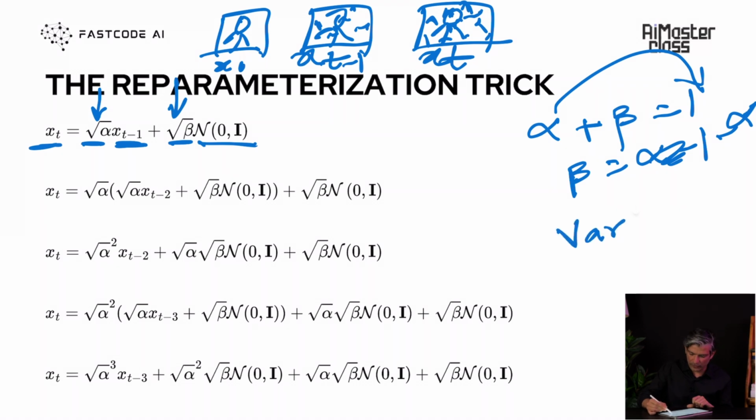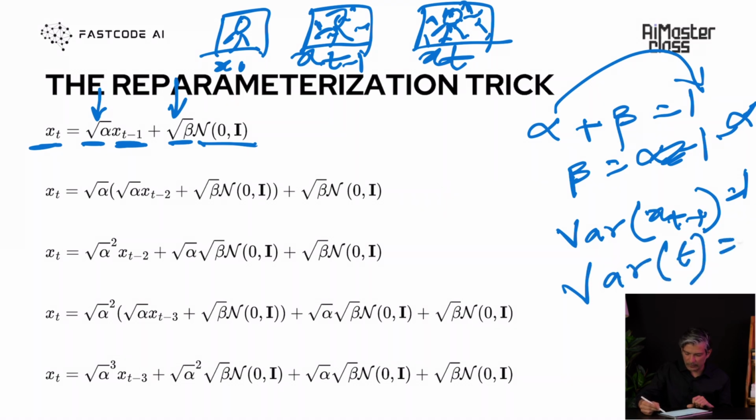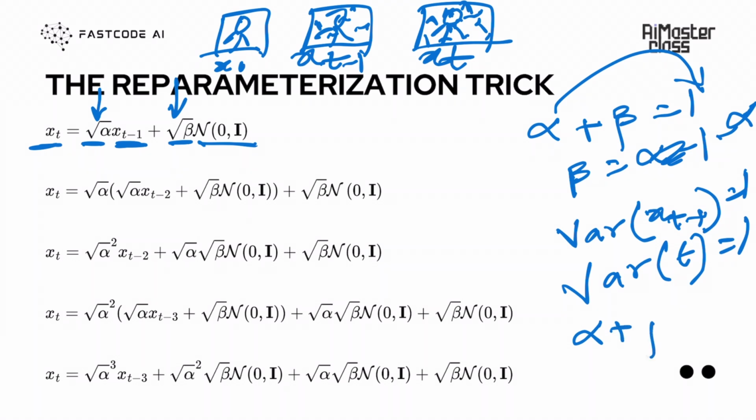The variance of xt minus 1 is 1, and the variance of our epsilon is 1, and our alpha plus beta is equal to 1. If we have all these three conditions, we can make sure that the variance of our xt will also be equal to 1, right? And that is all that there is. We just want our variances to be 1.